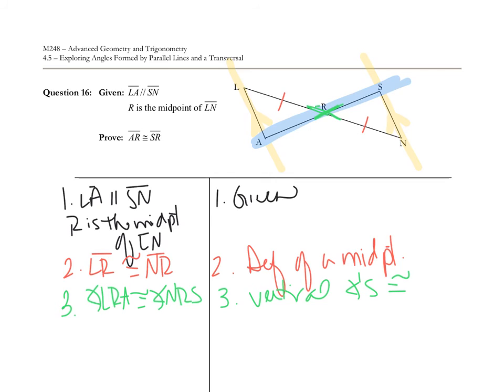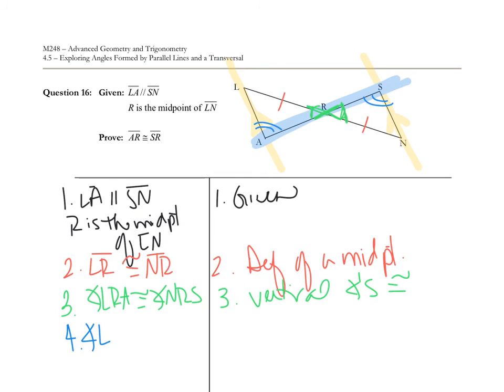So let's go ahead and mark that. So congruent and congruent. Then we're going to use the information we just learned about alternate interior angles are congruent. So here are my parallel lines. This is the transversal. So that means that these angles are congruent.